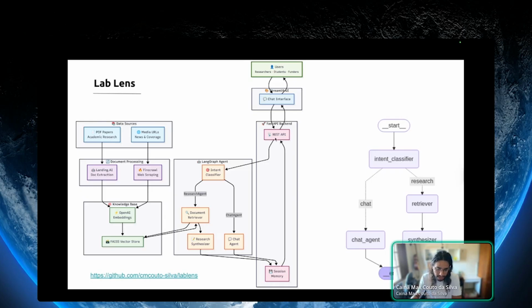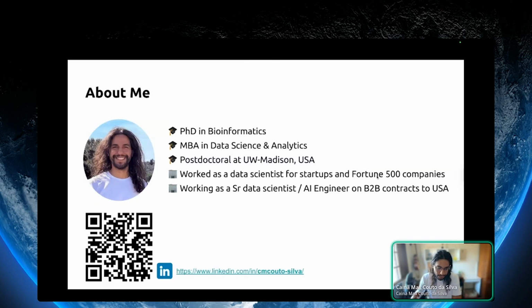Basically, we have this API that identifies the intent of the user: if it is just small talk, or a question about the research. If it is a question about the research, it retrieves documents from the knowledge database of the lab, then synthesizes and summarizes the answer and returns it to the user. On the right side, you can see the actual graph of this application using LangGraph.